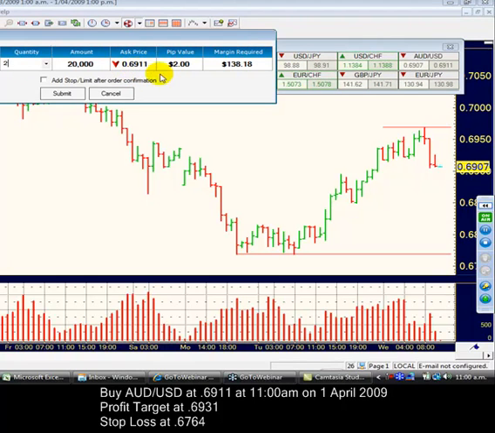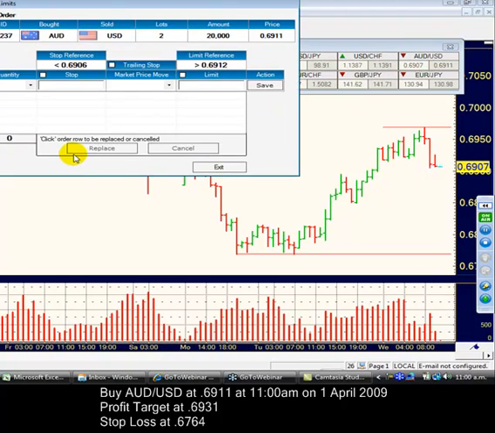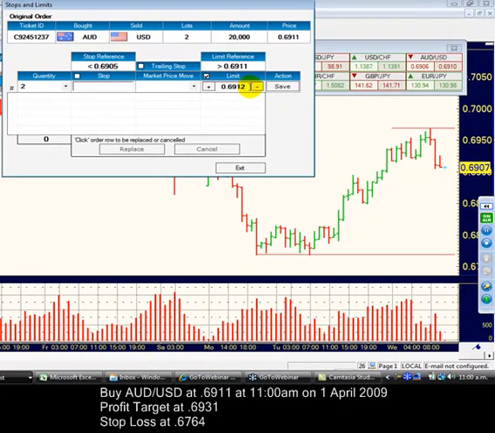I want to take a trade right here at this point on the buy side of the Aussie. We want to place a stop 20 points above here, so that's going to be at 69.31. We don't know the stop yet, but I'll come back to that and fill that in. So save that trade there.